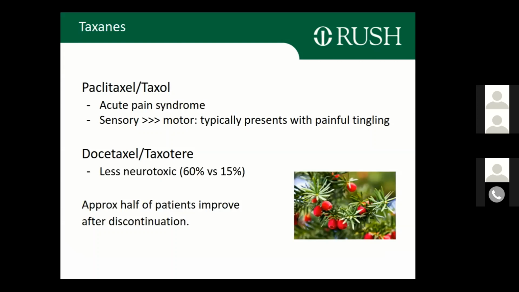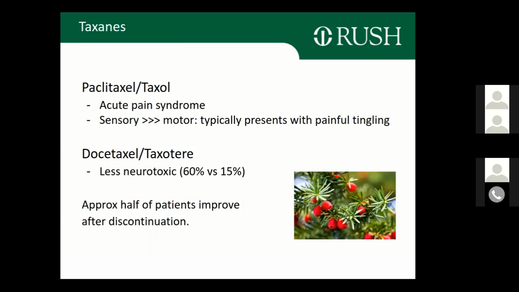How taxane works is that there's something called a microtubule in all the cells, and that's how you build bridges to carry things around in the cells. Taxane prevents it from disassembling, and the thought is that it disrupts the cellular transport in the neurons, and that's how it affects the nerves and kills them.